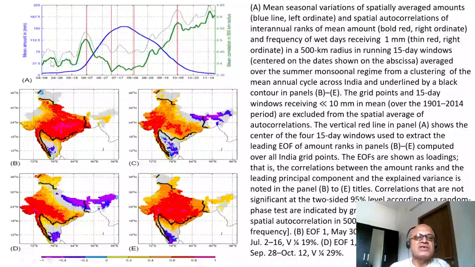The main point you want to see here is that if you look at these months going from April through to November, the coherence is high during the onset period and during the withdrawal, and it drops to its minimum during the peak rainy season. Okay, so it's as if there are large-scale dynamics that are setting the onset, and then there is high coherence over space, 15 days or 500 kilometers.